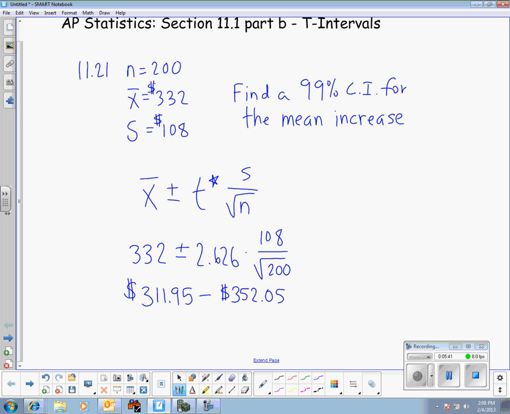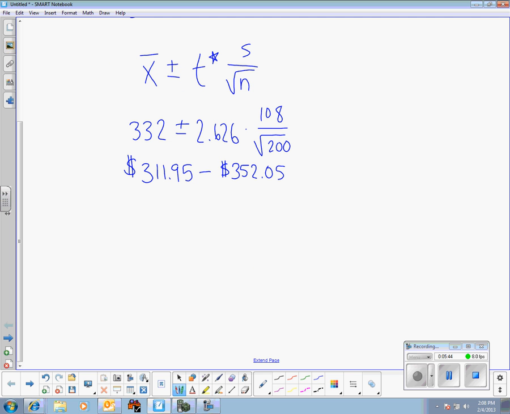So the context is important. You need to be using context whenever you can. And here's the sentence.